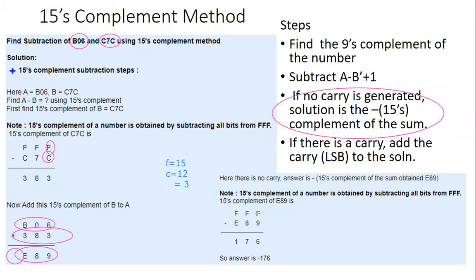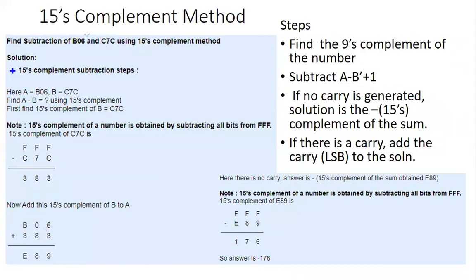Again, F, 15 minus 9 is 6. 15 minus 8 is 7. 15 minus 14, E is 14, is 1. We have to put a negative sign. So this is 15's complement method, where the first number is smaller than the second number.